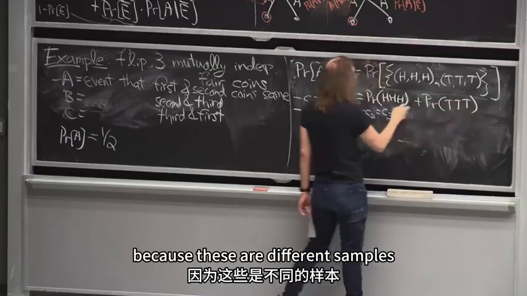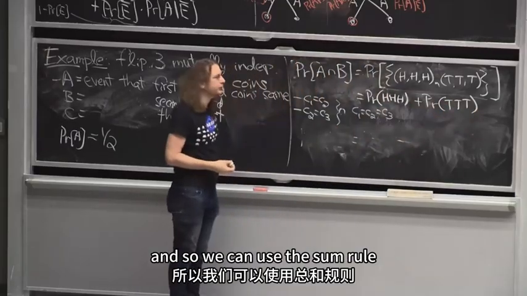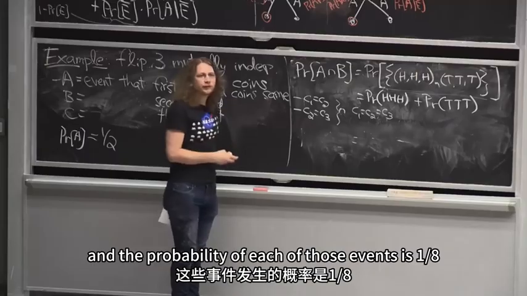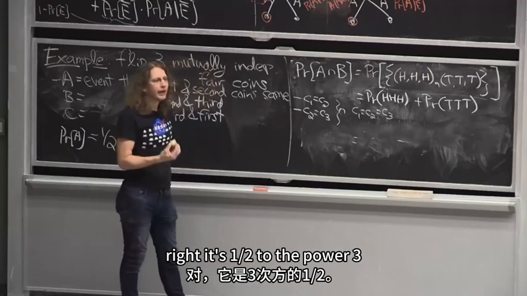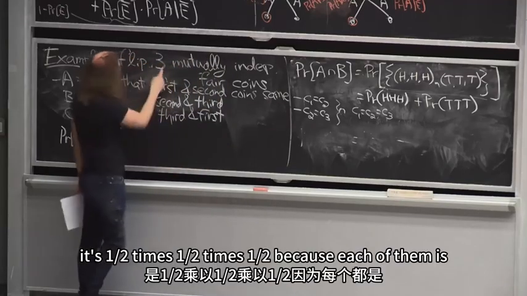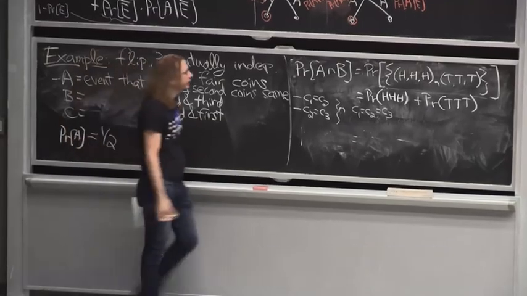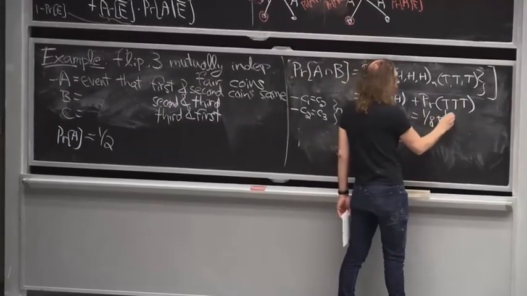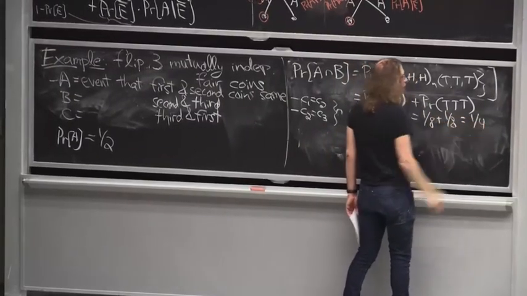Because these are different samples, they are disjoint from each other, and so we can use the sum rule. The probability of each of those is 1/8, because it's 1/2 times 1/2 times 1/2, since each of them is independent. So this is 1/8 plus 1/8, which is 1/4.